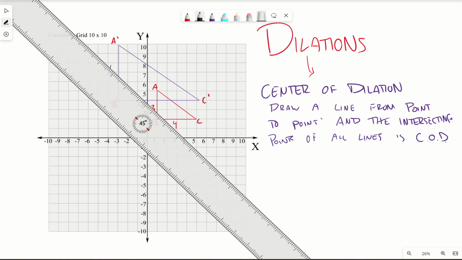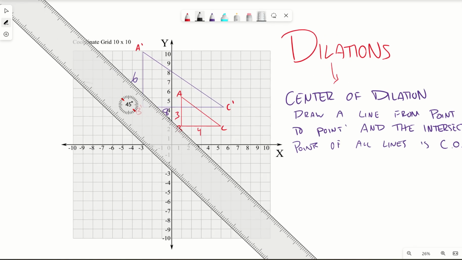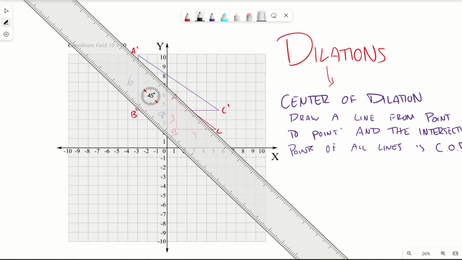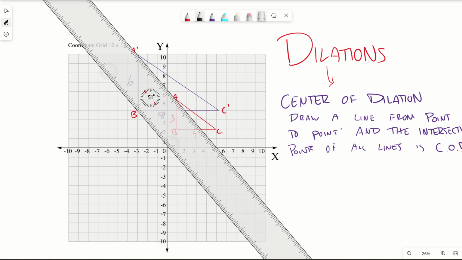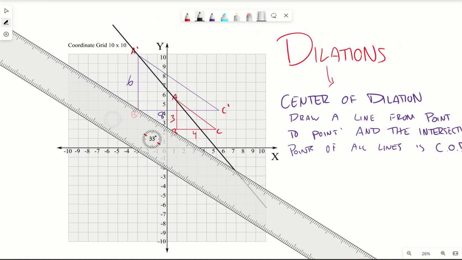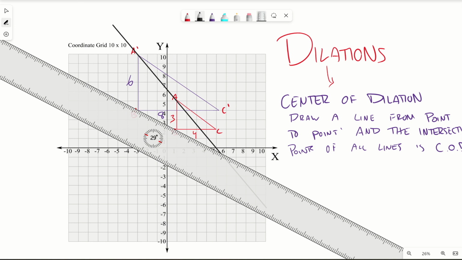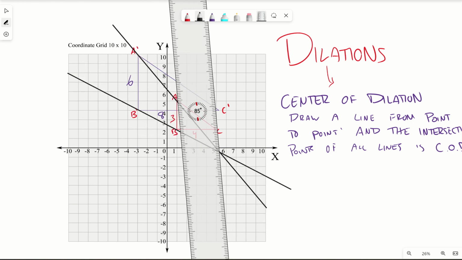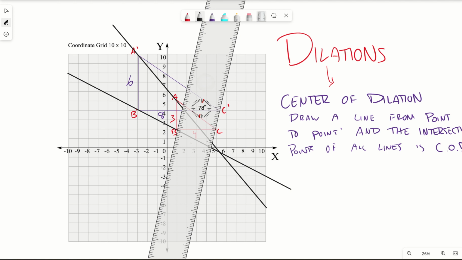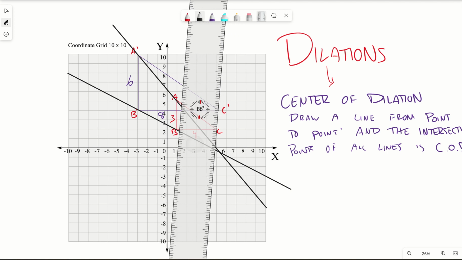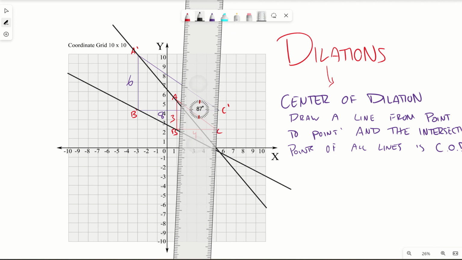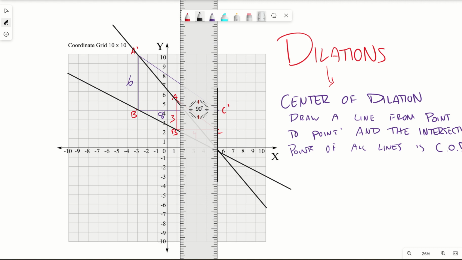So I'm going to draw a line here that goes through both of my A's. I'm going to draw a line that goes through both of my B's. I'm going to draw a line that goes through both of my C's.